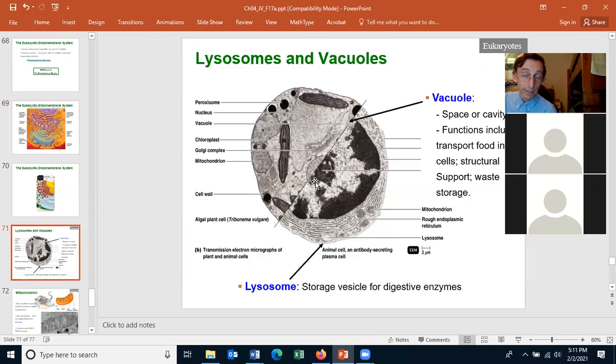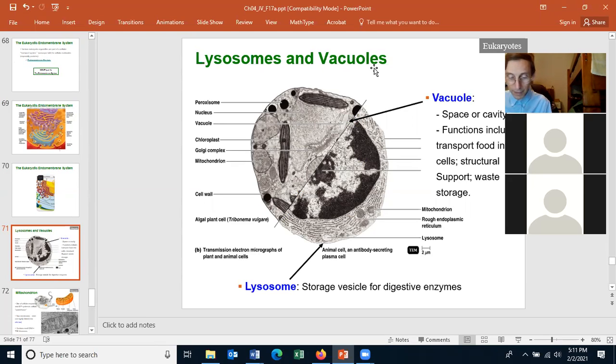Lysosomes and vacuoles can start as a vesicle, but once they get to their final location, they are given another name. A vacuole is a vesicle that is simply storing things, waiting for the cell to use them. So vacuoles are storage vesicles.